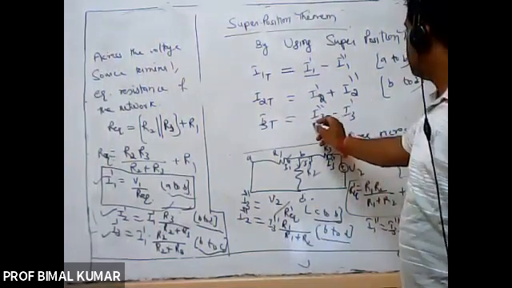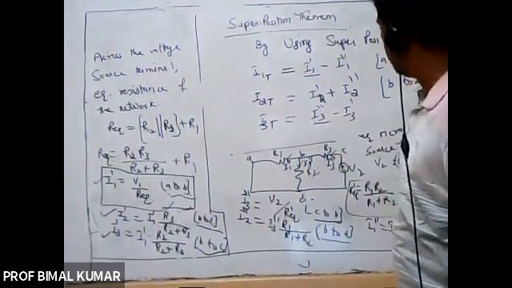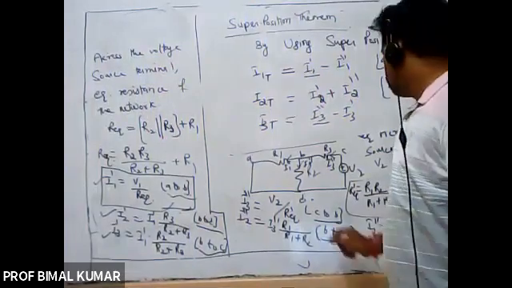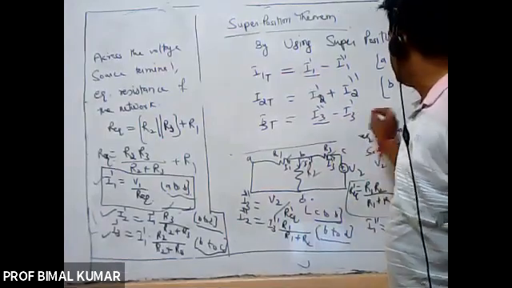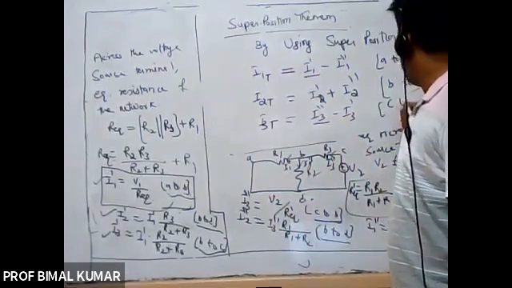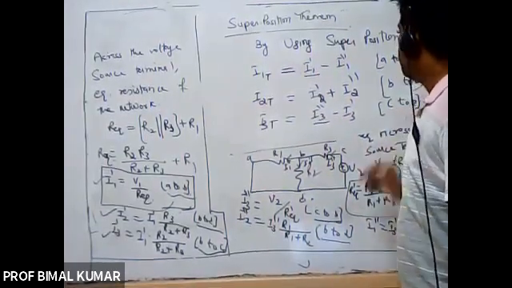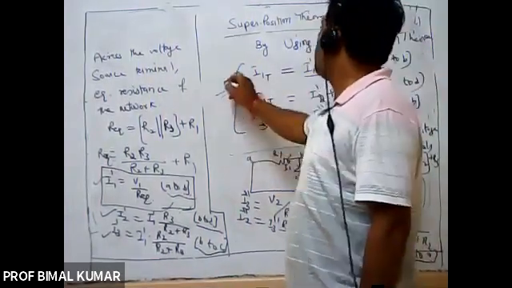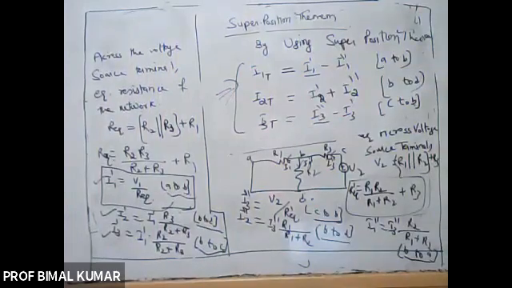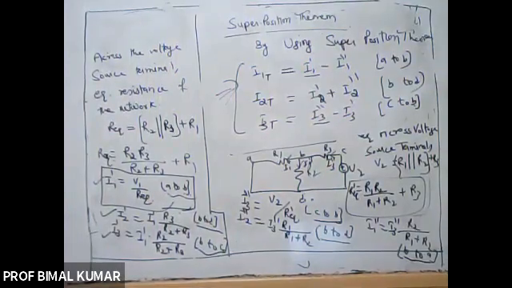I am assuming that I3 double dash is larger, so the direction will be as per the direction of I3 double dash. So that will be from C to B, right? These three equations are by the use of the superposition theorem.